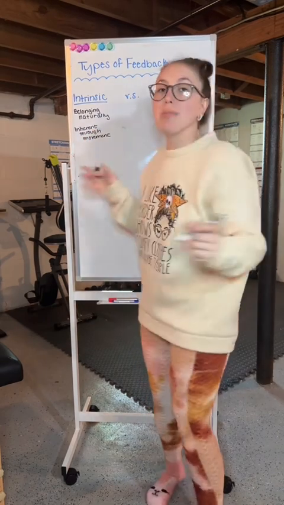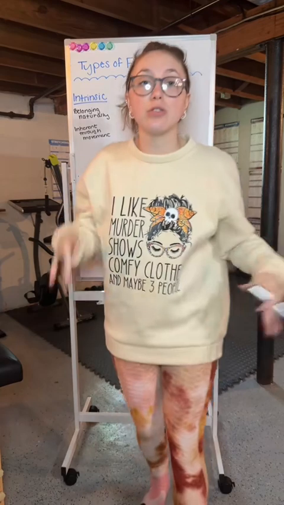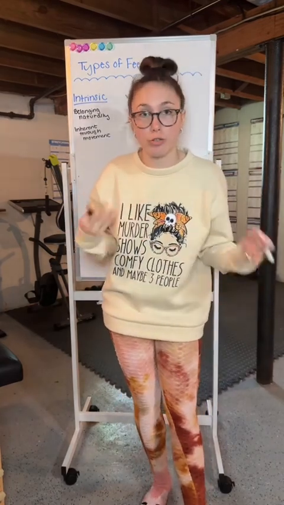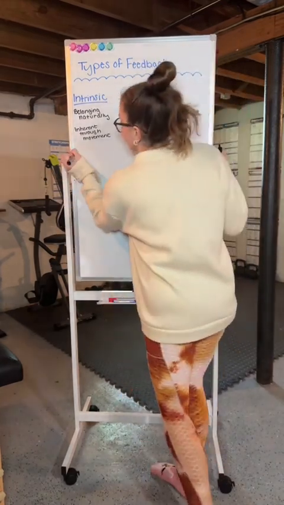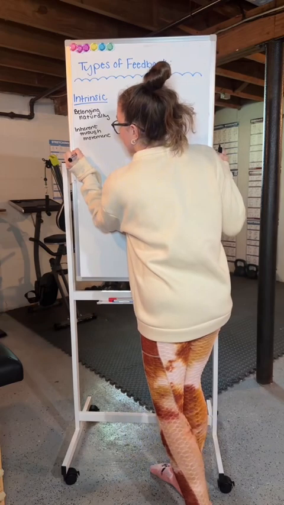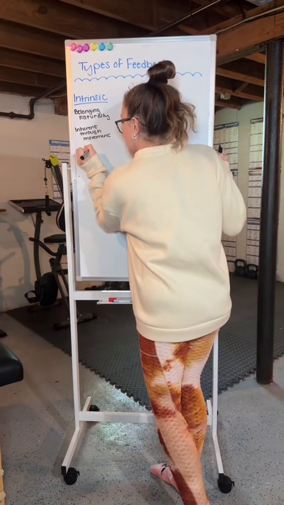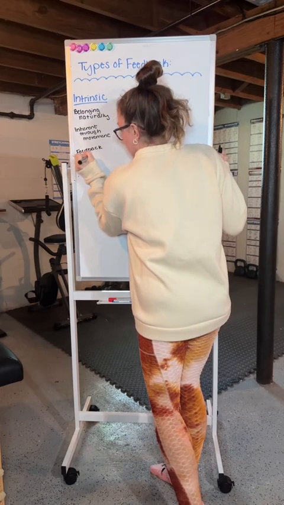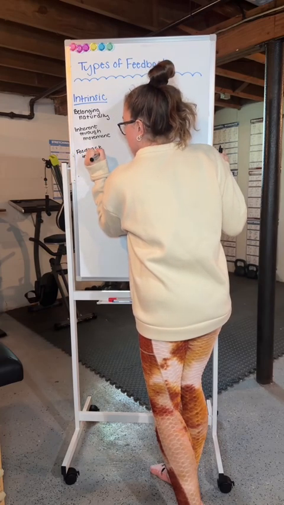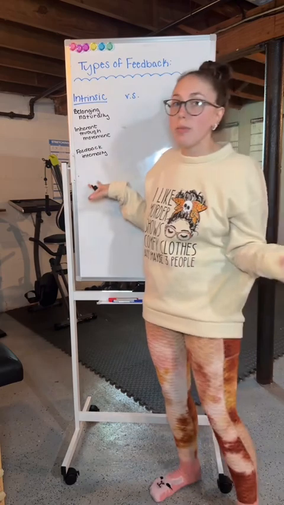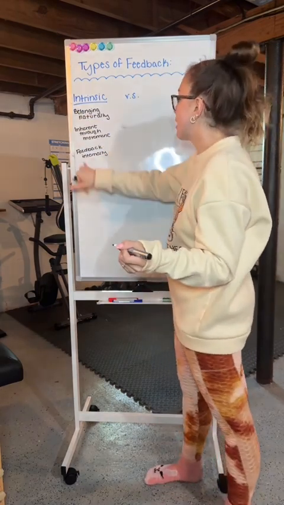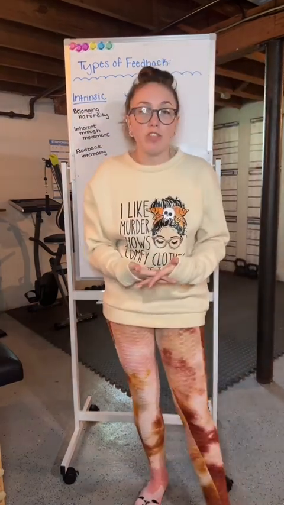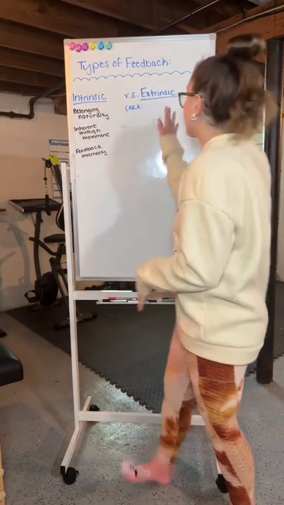So this is what happens when the patient's own movements send signals to themselves and they don't need that external feedback. Now, how I like to remember it is from the I's. Intrinsic, internally.